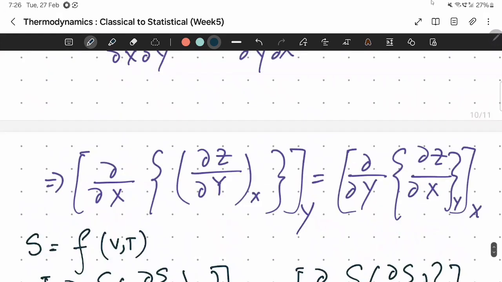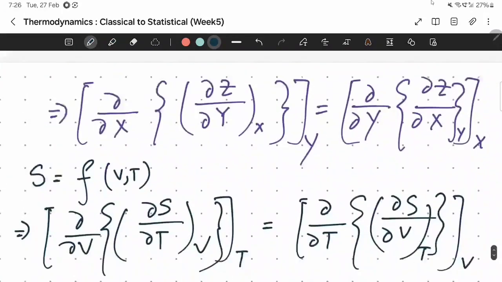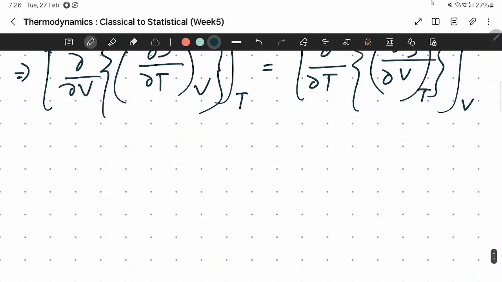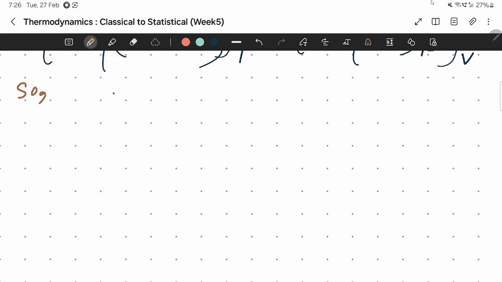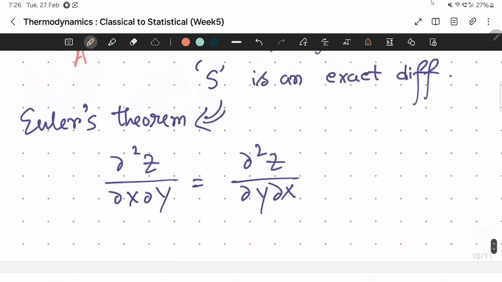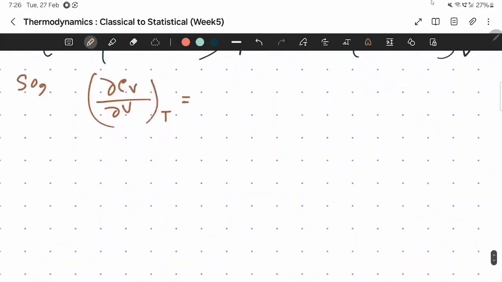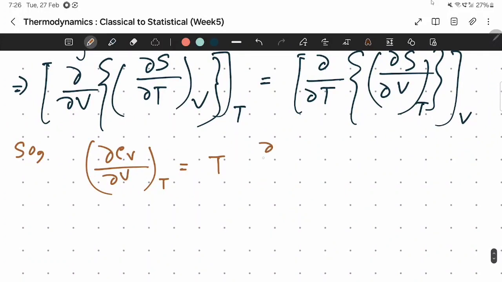So del Cv/del V at T is equal to, using this, T into del/del T of del S/del V at T.